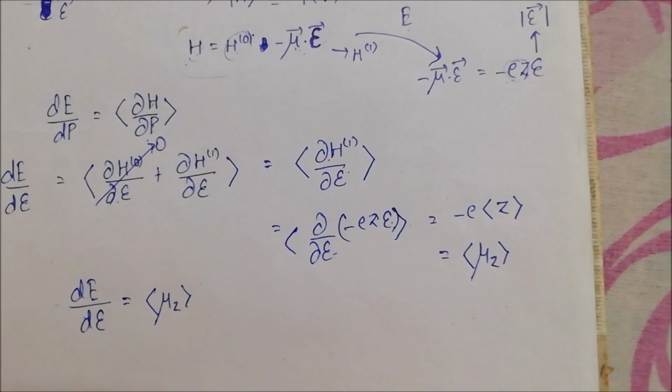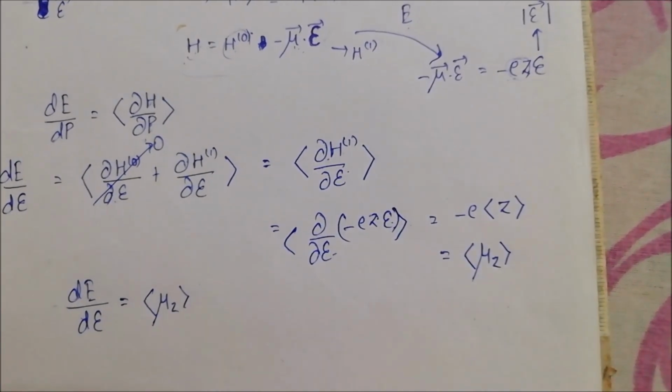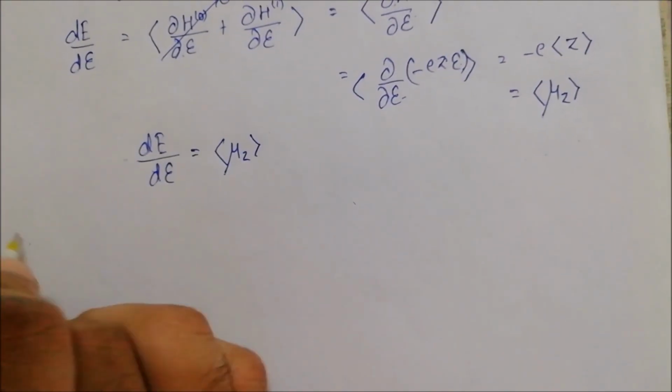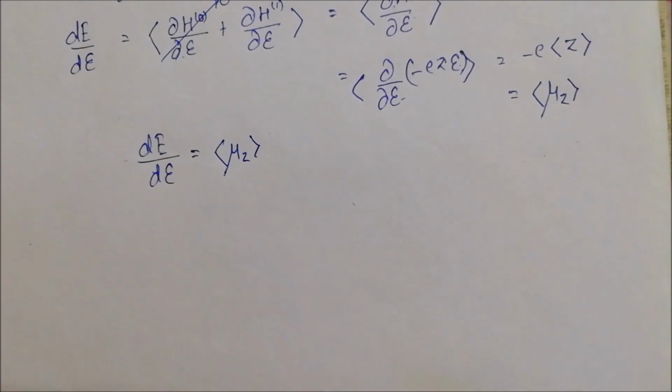So now what we do is we expand the energy term as a Taylor series about when the electric field was 0.